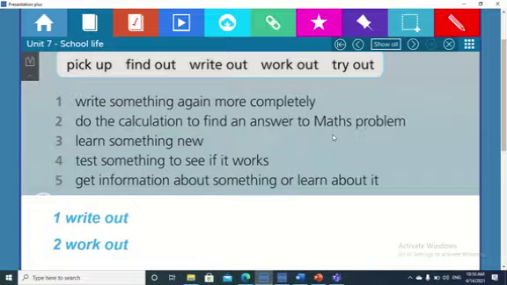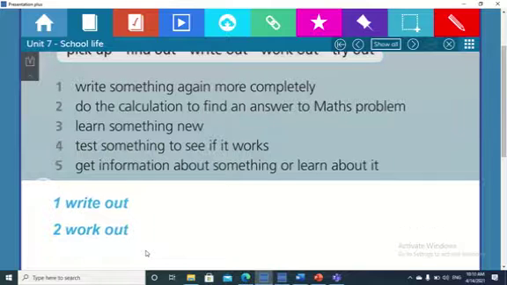Maths problems are just like any problems in our lives. Problems are questions that need answers, but here in mathematics, a maths problem is something that deals with numbers, which in Arabic is مسألة حسابية. You need to work out, to find the sum, to find the difference between two numbers, and so on.